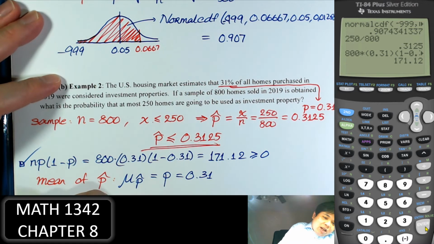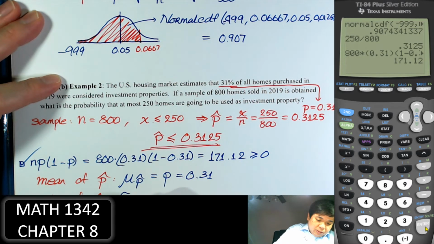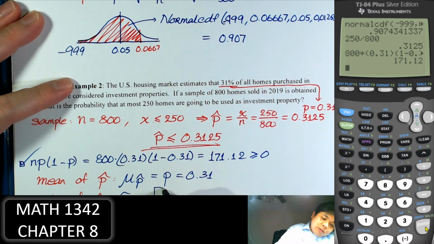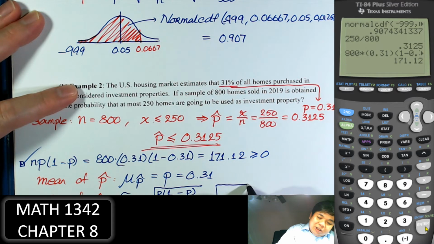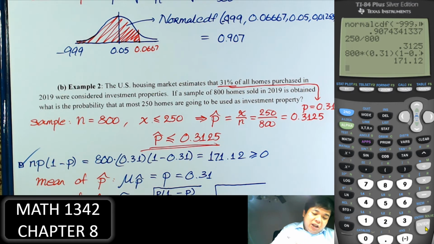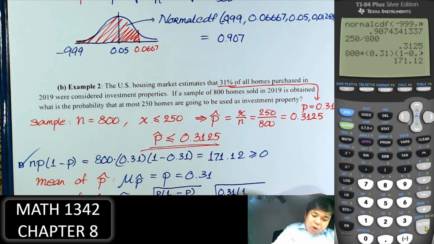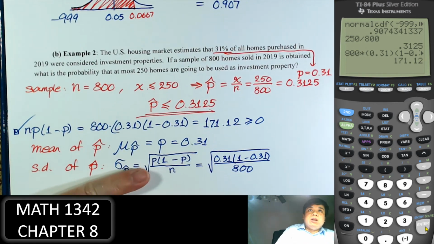And now the standard deviation of the p hat: square root of p times 1 minus p divided by n. p is 0.31, 1 minus 0.31, divided by n of 800.